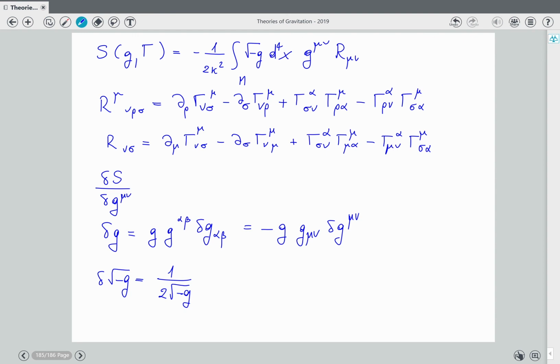And the variation of minus g is minus g g mu nu delta g mu nu. And so here you have that minus g divided by the square root of minus g is the square root of minus g. So you have minus 1 divided by 2 square root of minus g delta g mu nu.